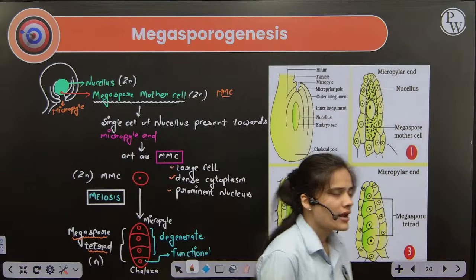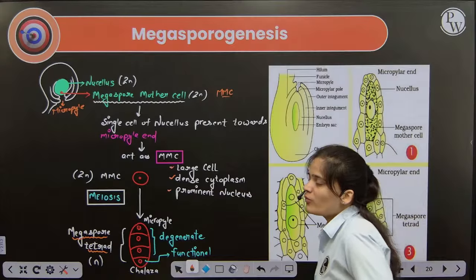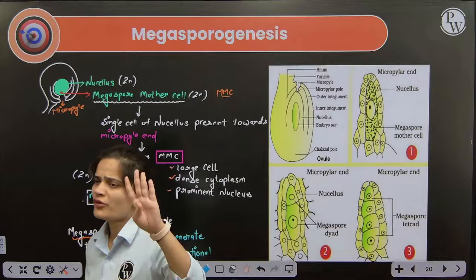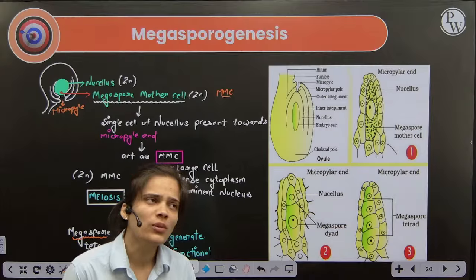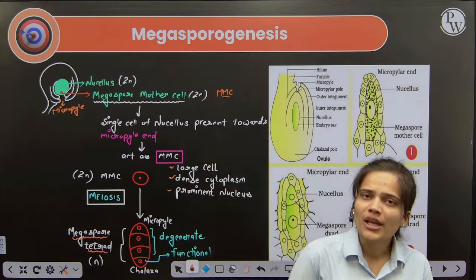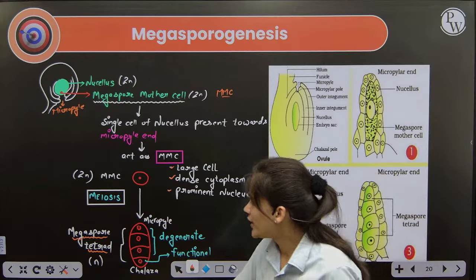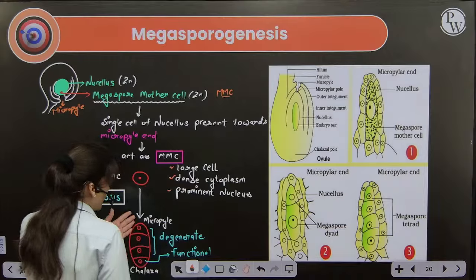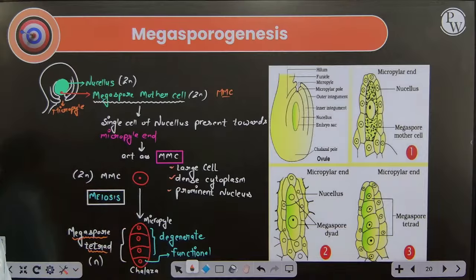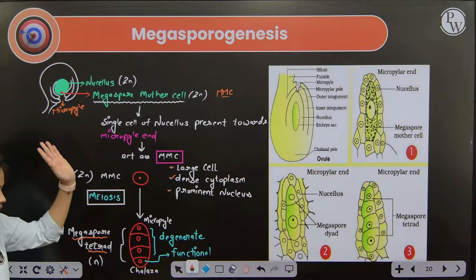These are haploid. So we see in case of the male reproductive part, when four microspores are formed, all the microspores differentiate into the male gametophyte, that is the pollen grain. But here, out of the four megaspores, three megaspores degenerate.